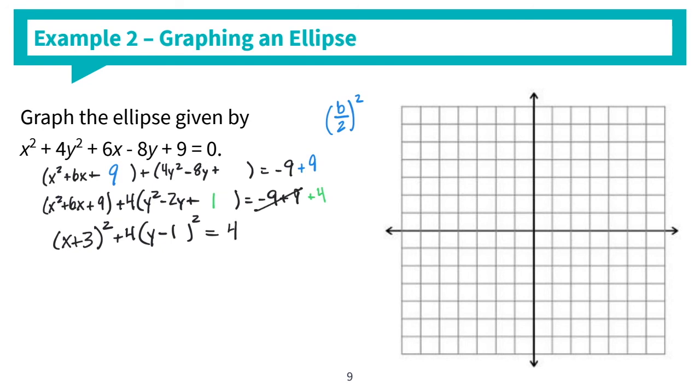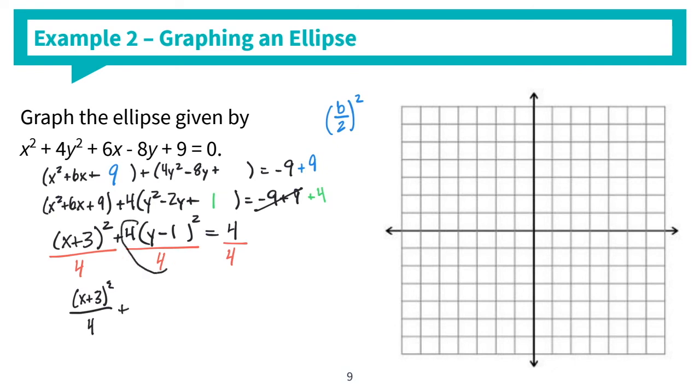So we are almost to standard form. What we need on the right side, remember, is a 1, and I have a 4. So I need to divide each of these terms by a 4. So I'm going to have x plus 3 squared over 4.